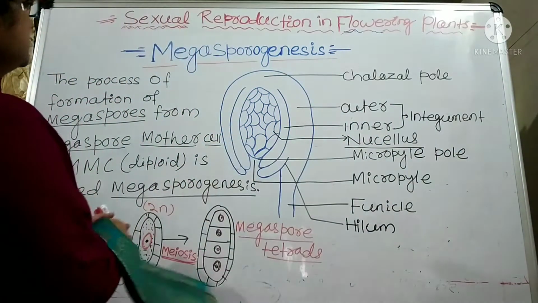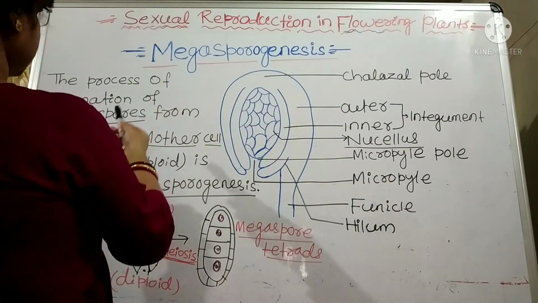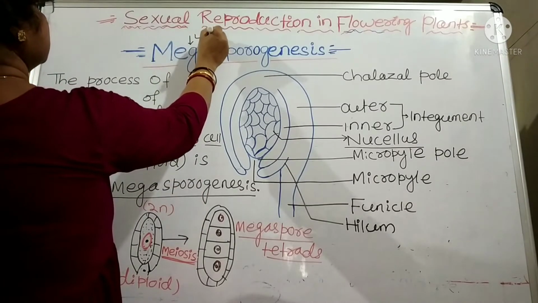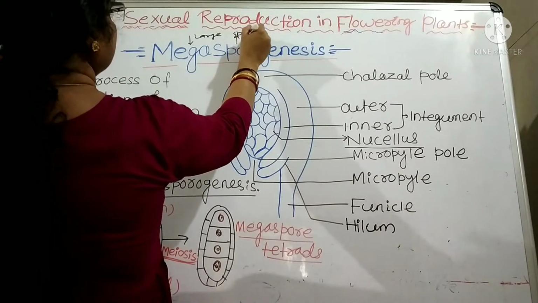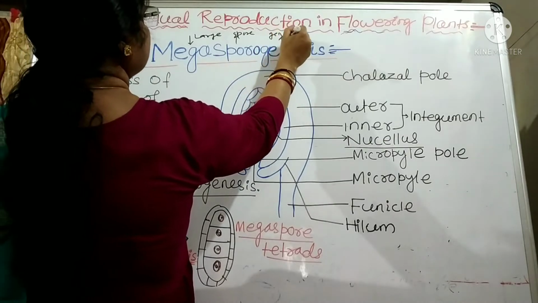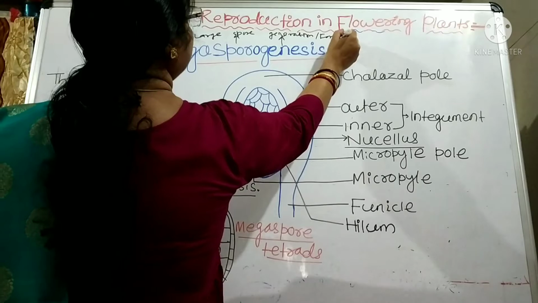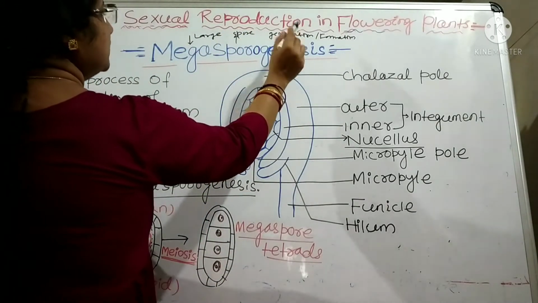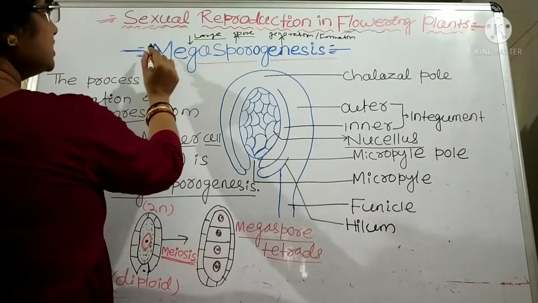Dear students, megasporogenesis. Mega means large. Sporo means spore. Genesis means generation or formation. Large spore generation. What is the large spore?